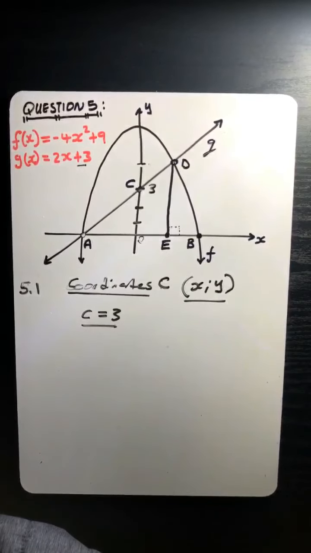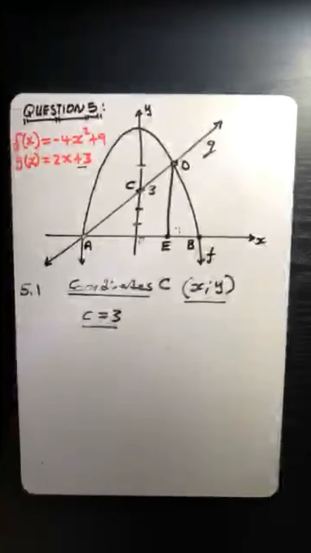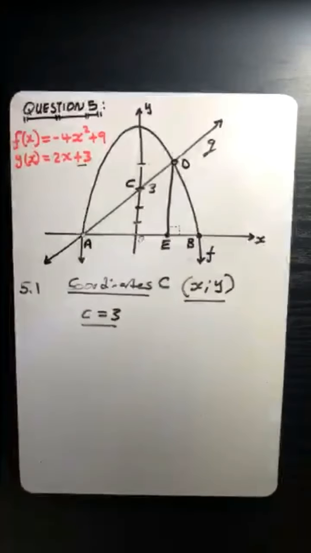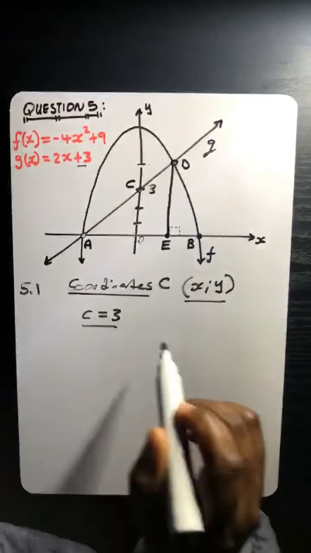Oratile, how do we then answer the question? So I think we should answer the question by writing the answer in coordinate form. Yes, coordinates. But now, how do I write it?